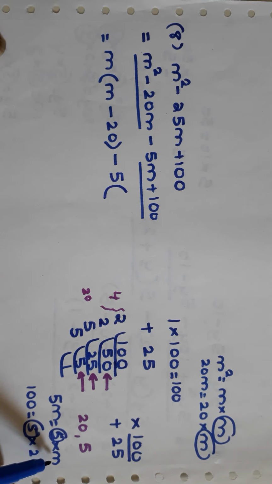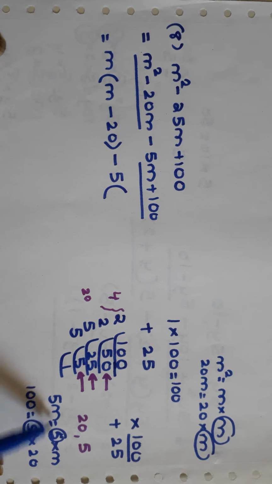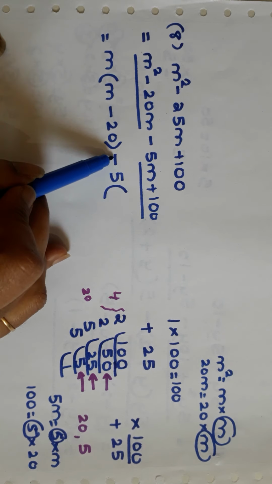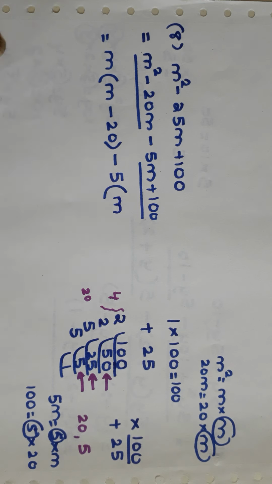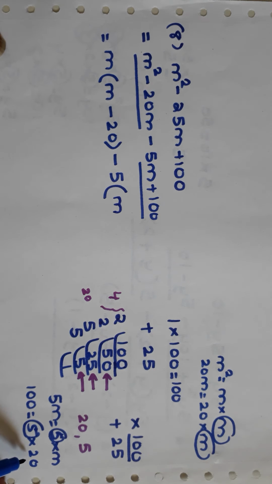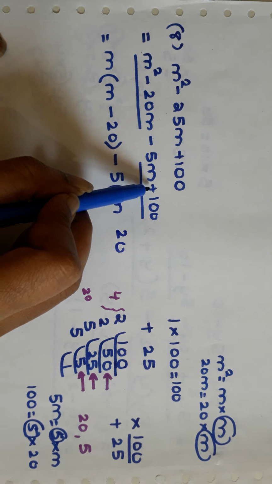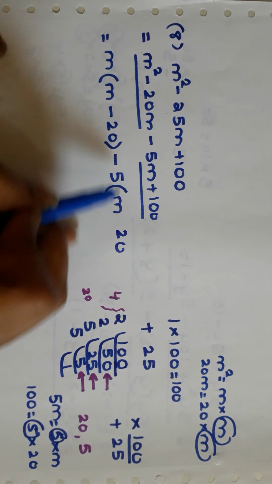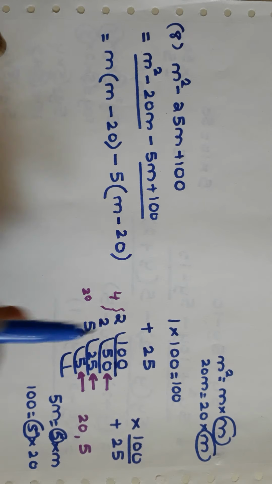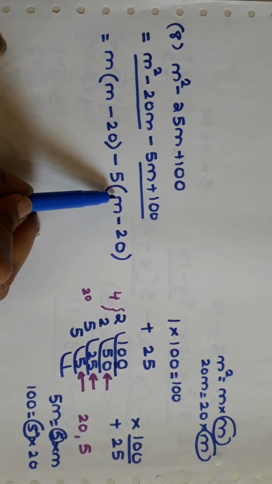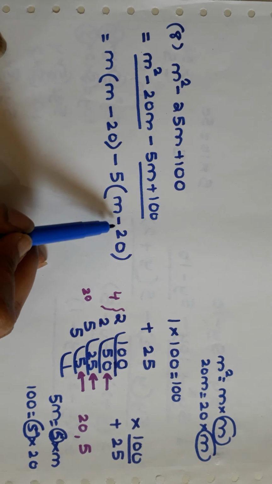The term which is left in 5m after you take 5 common is m. Here the sign of 5m is minus, but since you have taken minus outside, you will have plus m. The term for 100, when you take 5 common, is 20. Here it is plus 100, but since you have taken minus outside, you will have minus. The sign of both the terms will change. Here it is minus, so in the bracket it will be plus. Here it is plus, so in the bracket it will be minus.